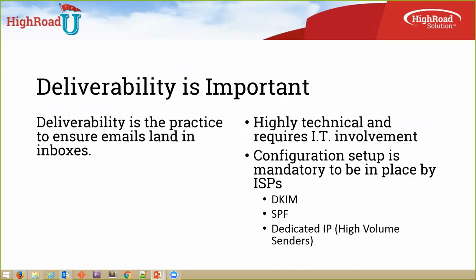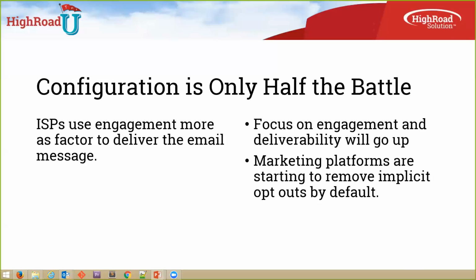There's all this configuration that goes into play to making sure emails land in an inbox. And sometimes we get so wrapped up in that and we forget about the other piece, which is the content, and which is creating interactive and engaging content for the people, rather than just worrying about whether or not they received that content. And nowadays, it's only half the battle.